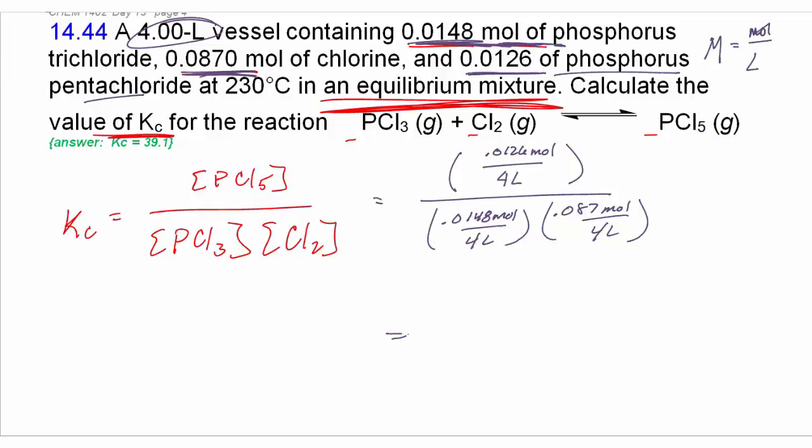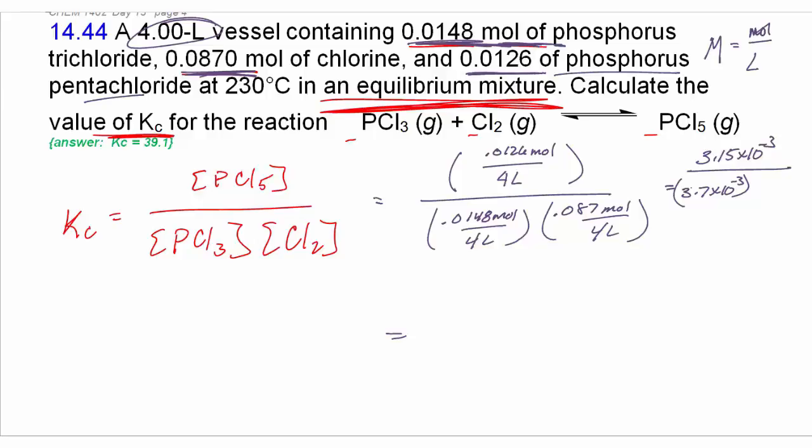Okay. You can do it in parts if you want. 0.0126 divided by 4, you get about 3.15 times 10 to the negative 3. 0.0148 divided by 4, you get about 3.7 times 10 to the negative 3.